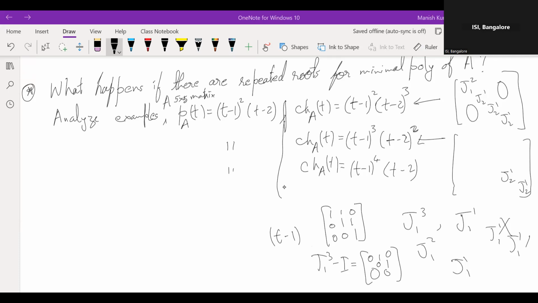What does (J13 minus I) whole square look like? Is it 0 or non-zero?